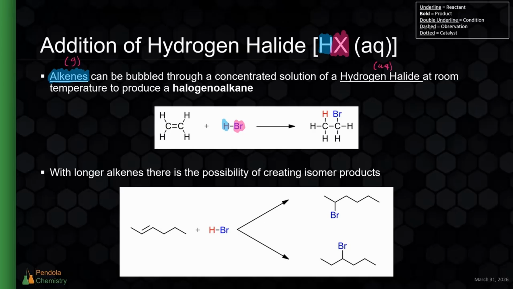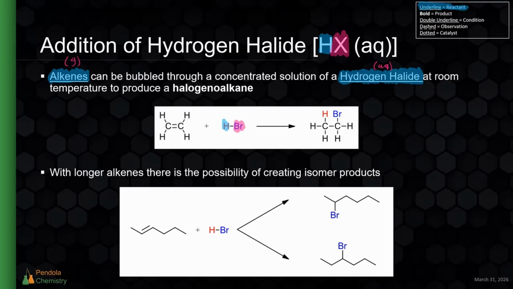So we're going to grab our alkene, which is our reactant in the gas phase, and we're going to bubble it. So essentially, literally what it sounds like, we're going to grab a tube of this gas, put it at the bottom of a beaker, and then we're going to bubble that gas through a concentrated aqueous solution of the hydrogen halide at room temperature. And so those are our two reactants, our hydrogen halide and our alkene.